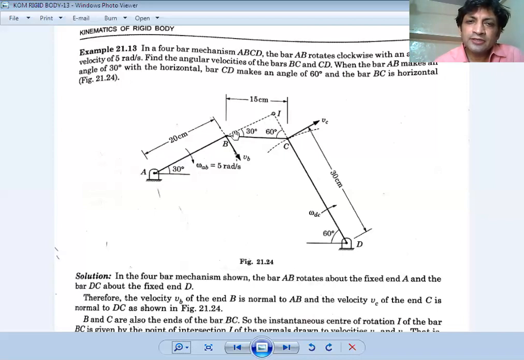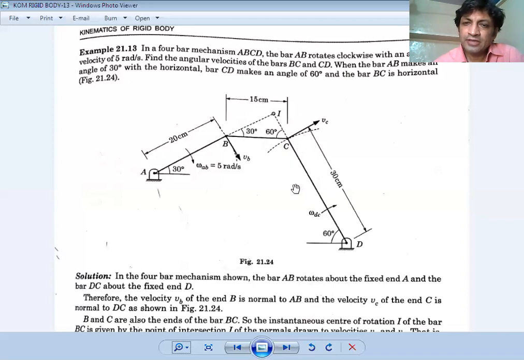That instantaneous center can be obtained by drawing a perpendicular at the tail of the velocity vector VB. So we draw the perpendicular in the rightward direction, and similarly for CD.